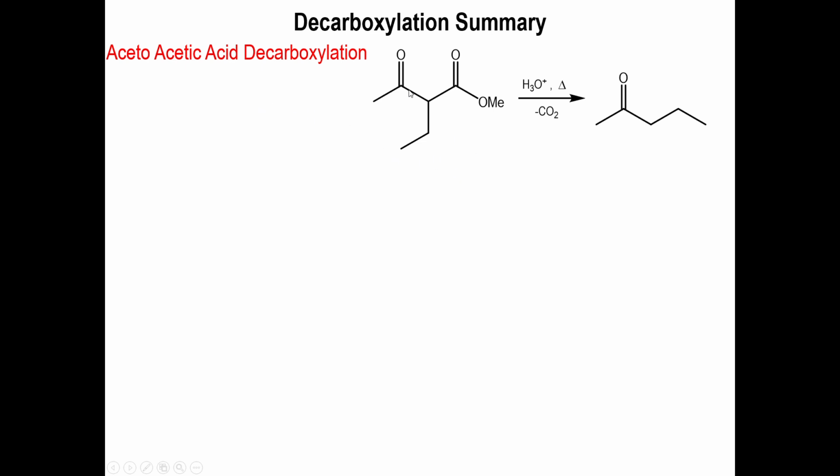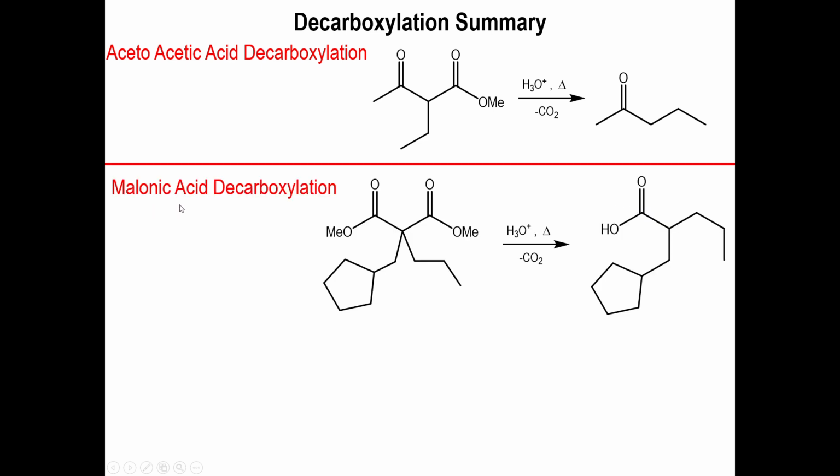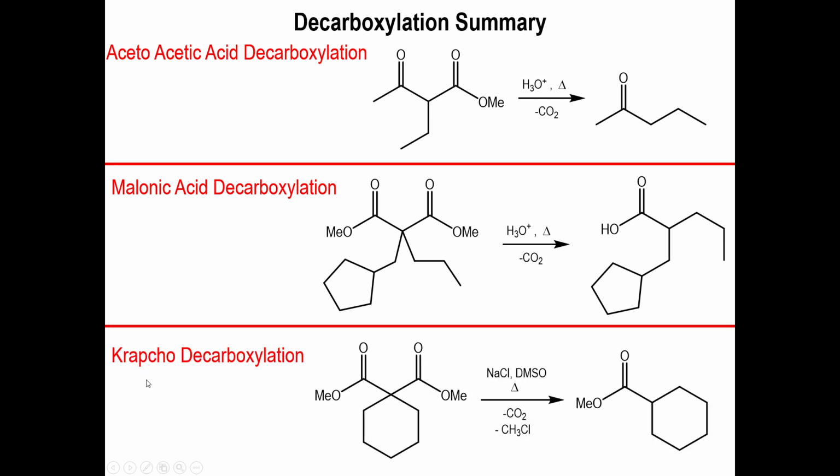You can take the beta-keto ester, react that with acids under heating conditions to decarboxylate the ester, and just end up with a corresponding ketone. We can do the same thing with the malonic acid ester derivative, right? Reacted with acid under heating conditions, one of the esters goes bye-bye, and the second ester remains as a carboxylic acid. And then this is where Krapcho comes in.